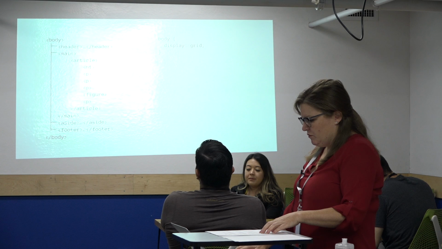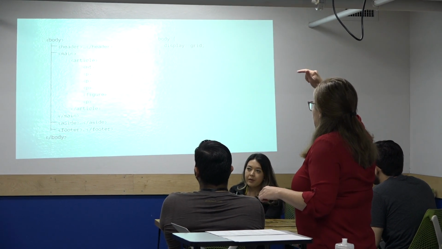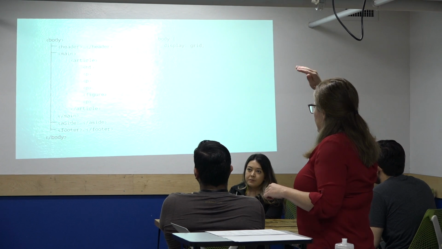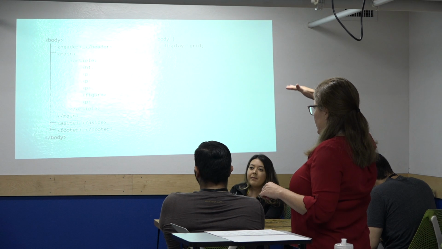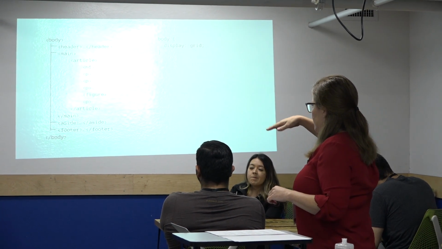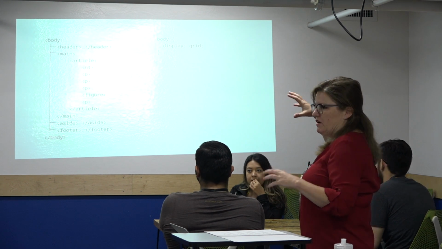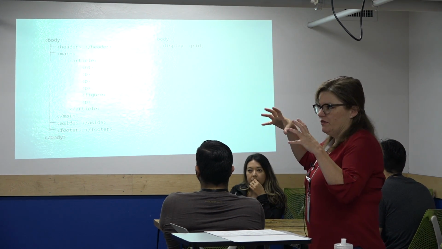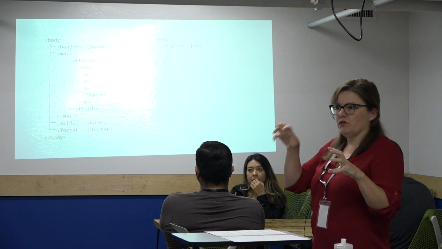In this code example, you can see we've got a body element. If we put a grid on that body element, then we've got a header and main, with some other stuff inside of there. And then underneath, we've got an aside and a footer. The header, the main, the aside, and the footer would all become direct children, and so they would be items that are now available to you to place on the grid.